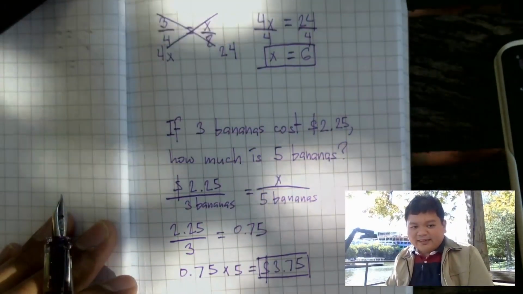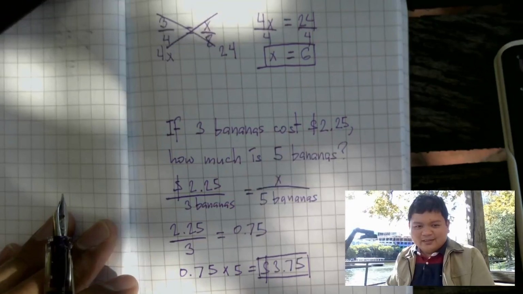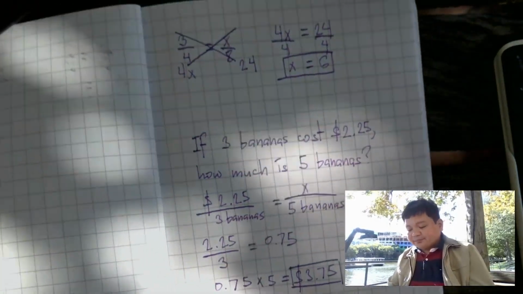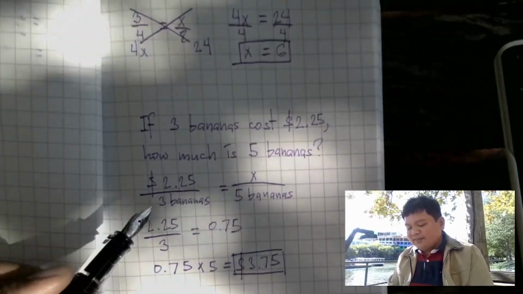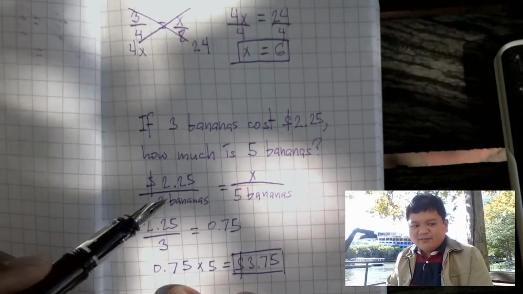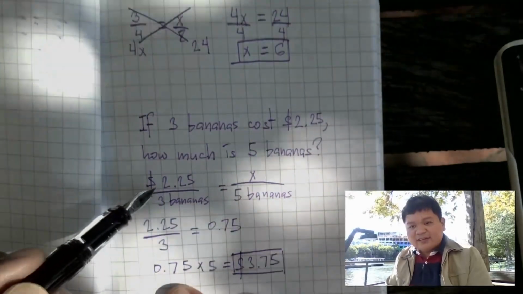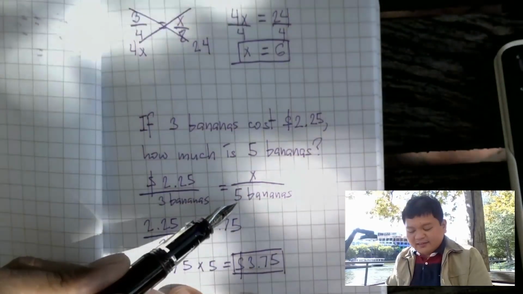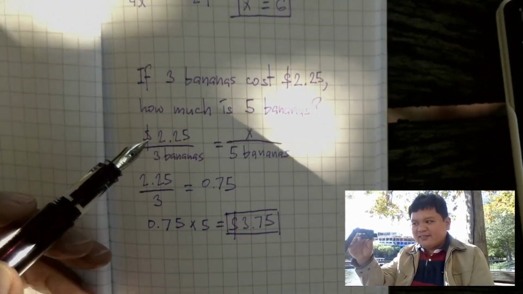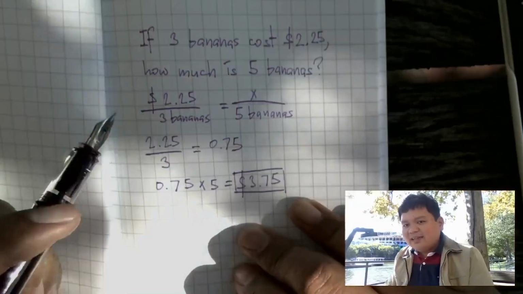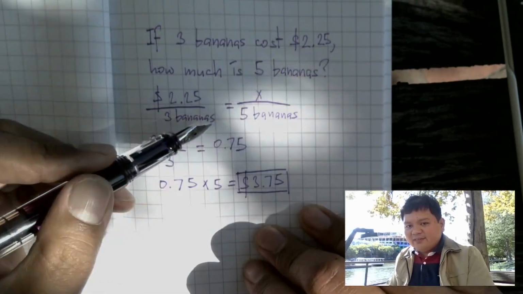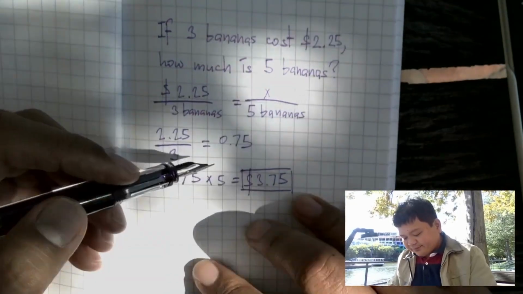With cross multiplying, we have a shortcut, because now we don't need to find the unit rate. Let's see how that works. Take our proportion over here. Just multiply the top of one fraction with the bottom of the other, and vice versa. What that leads to is the equation 225 times 5 is equal to 3x.